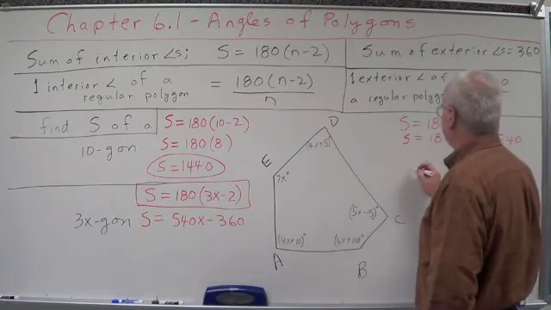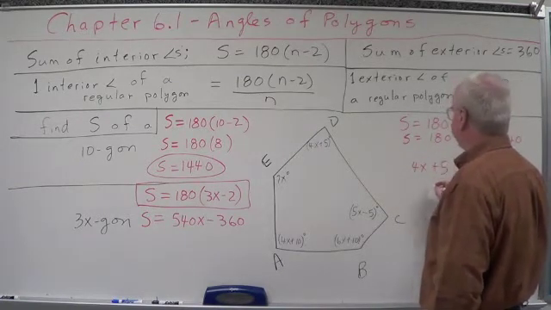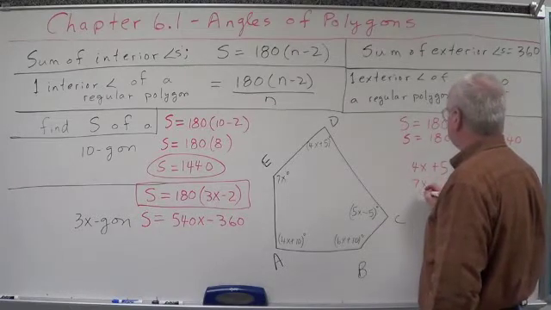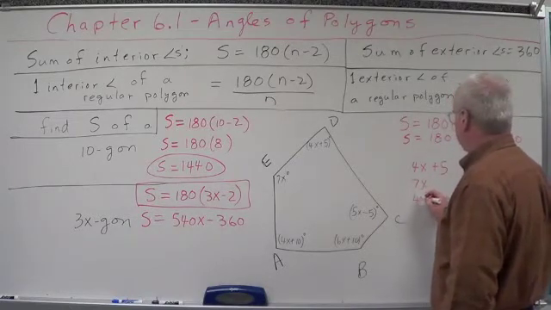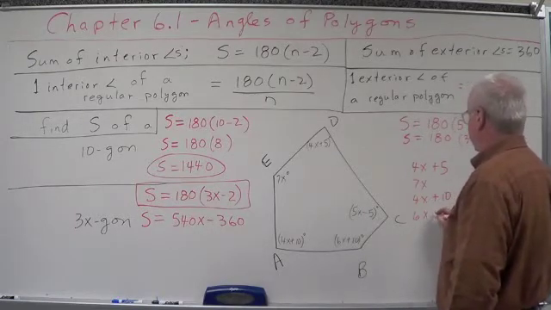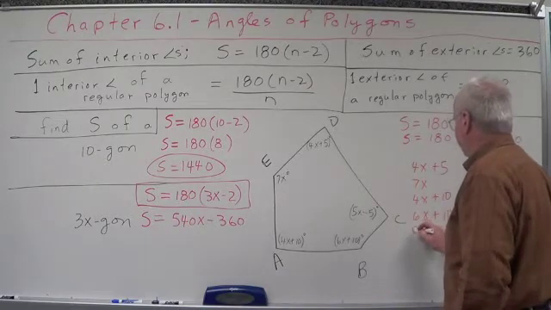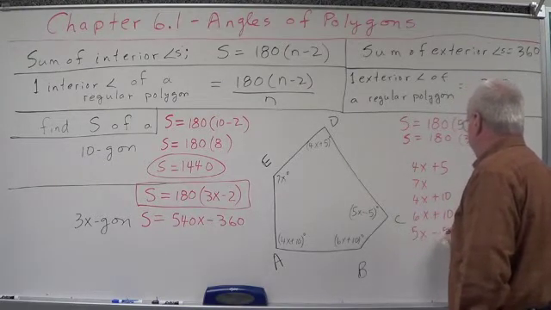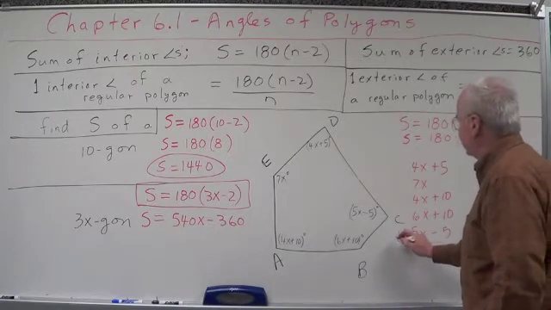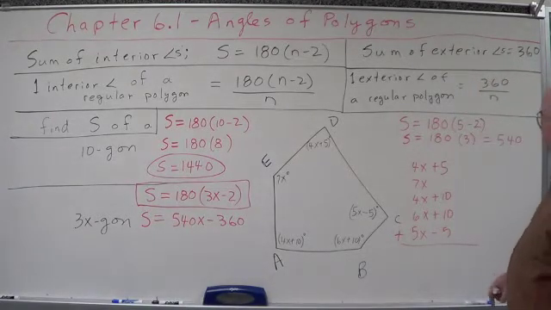So if we add all of these up, we should get 540. So let's add these up. I'm going to start up here and do this a little different. Plus 5, 7x, 4x plus 10, 6x plus 10, and then 5x minus 5. We're going to add these together and set that equal to 540.